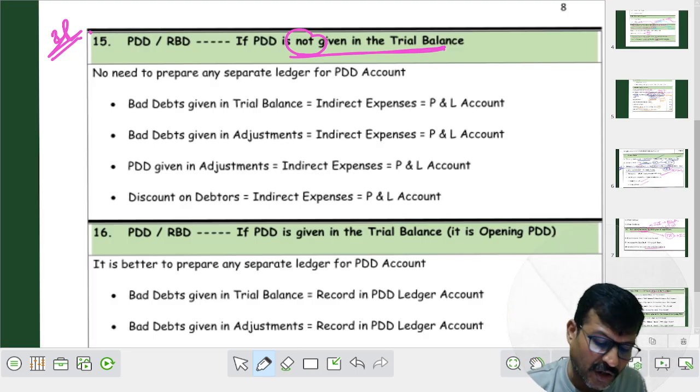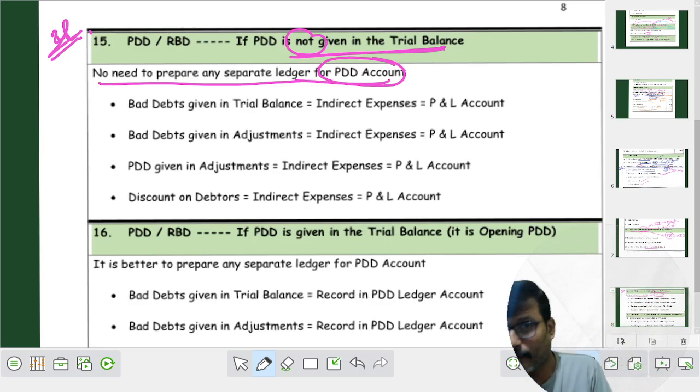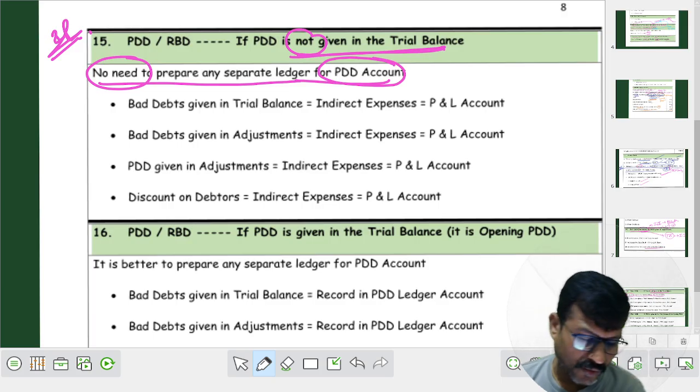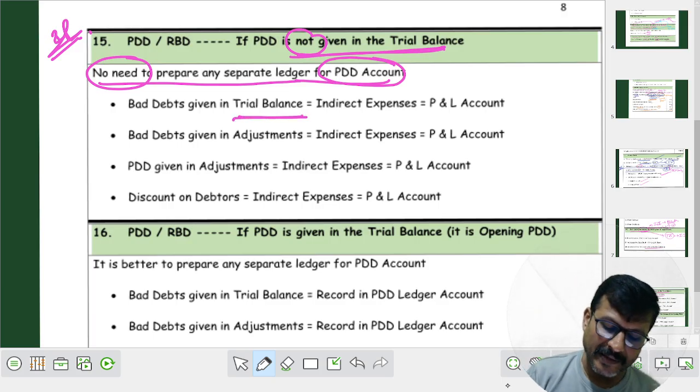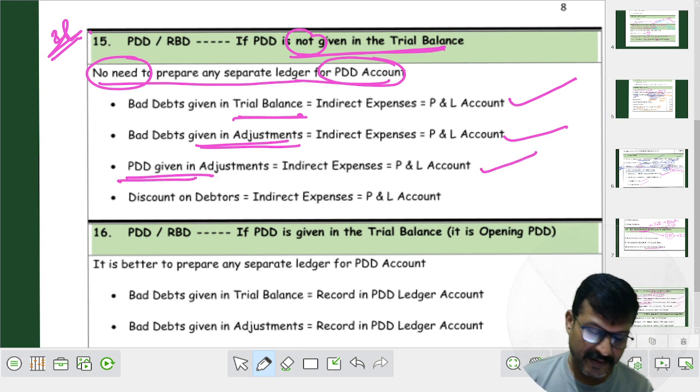If PDD is not given in the trial balance, no need to prepare a separate PDD ledger account. No need to prepare any separate ledger. Then what to do? Bad debts given in trial balance is indirect expenses. Bad debts given in adjustment, indirect expenses, or PDD given in adjustment, indirect expenses.